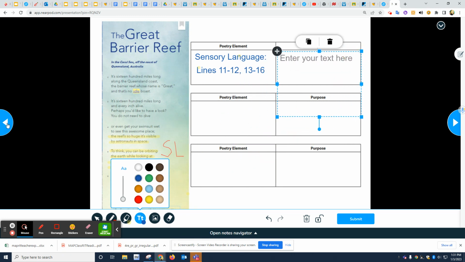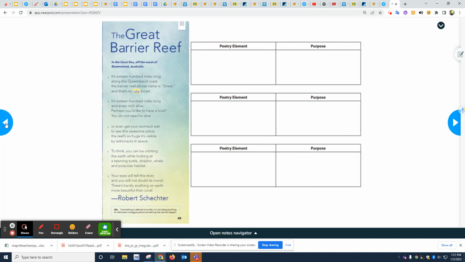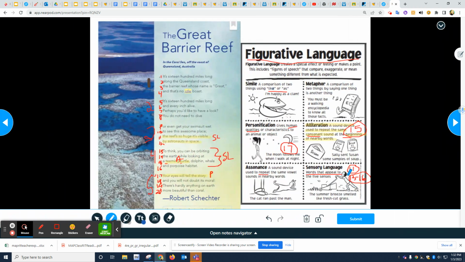And if I think back, I can even flip back and find out what sensory language is. It says right here, words that appeal to the five senses. The summer breeze smelled like fresh cut grass. And why does an author use it? It creates a special effect or feeling or makes a point.